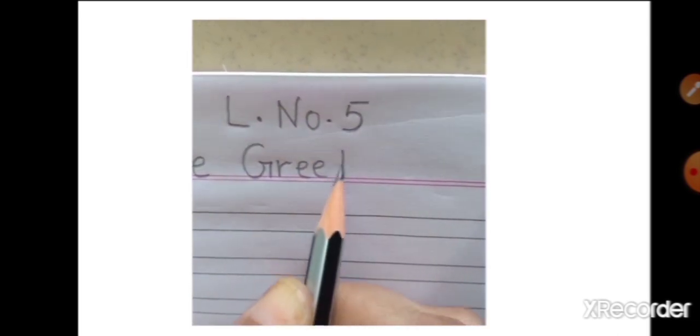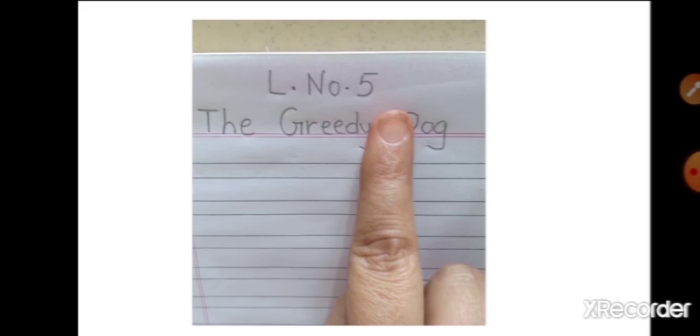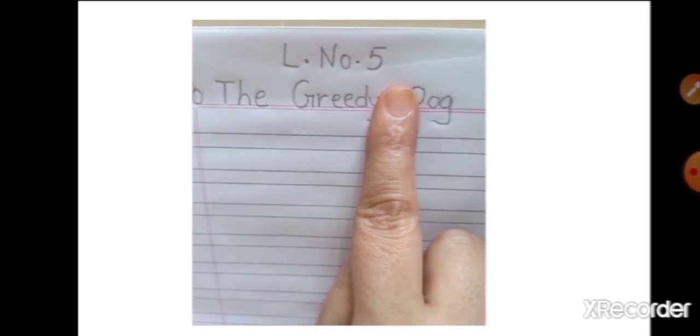THE, the, capital GREEDY, greedy dog. Now while writing children, you have to leave the space in between every 2 words.